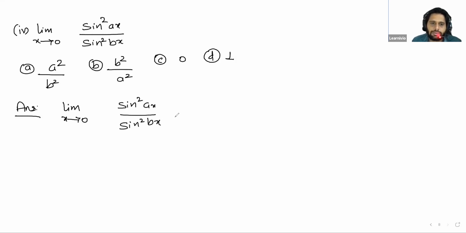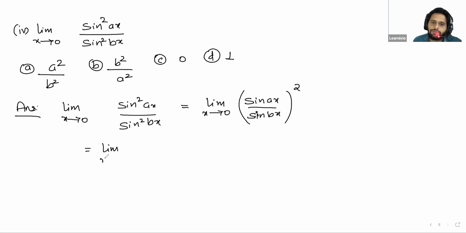Noma, very good. This is correct. So what can we do, Sparsh? We can write limit x tends to 0, and this is sine ax by sine bx whole square.